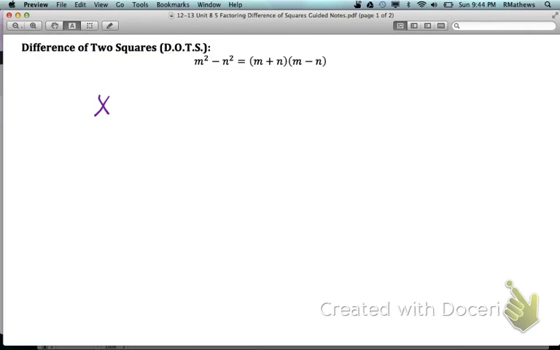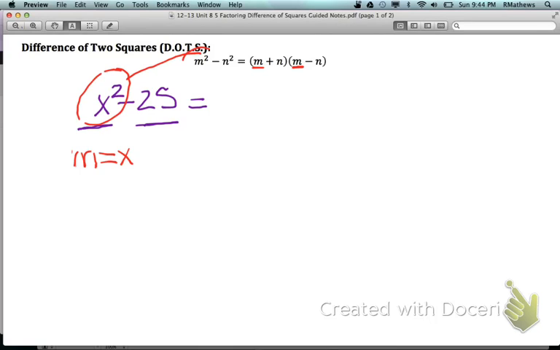If I have x squared minus 25, well, x squared is a perfect square and 25 is a perfect square. So m in this situation is really just x because it's the square root, right? x squared is m squared. Okay, so m is just x.